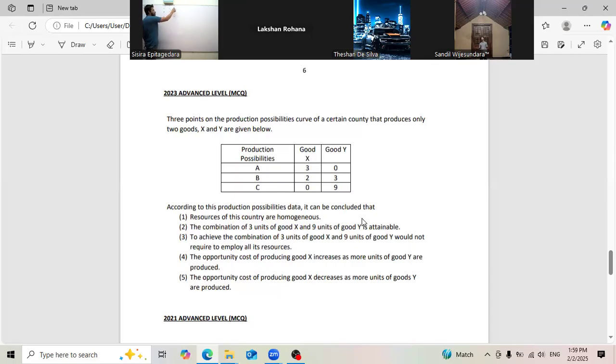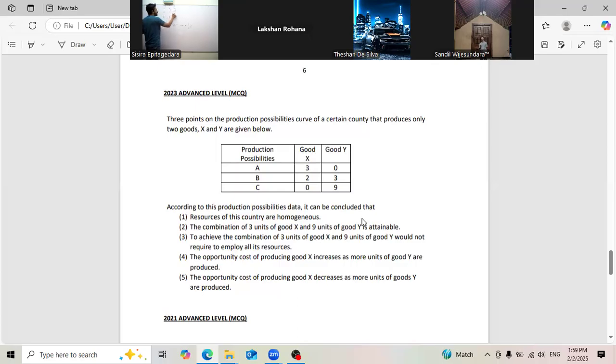Here, Lamai, you can see Y production rises by 3. To increase Y production by 3 units, the economy has to give up X production by 1 unit. Is that clear? Here, there should be a hidden point.